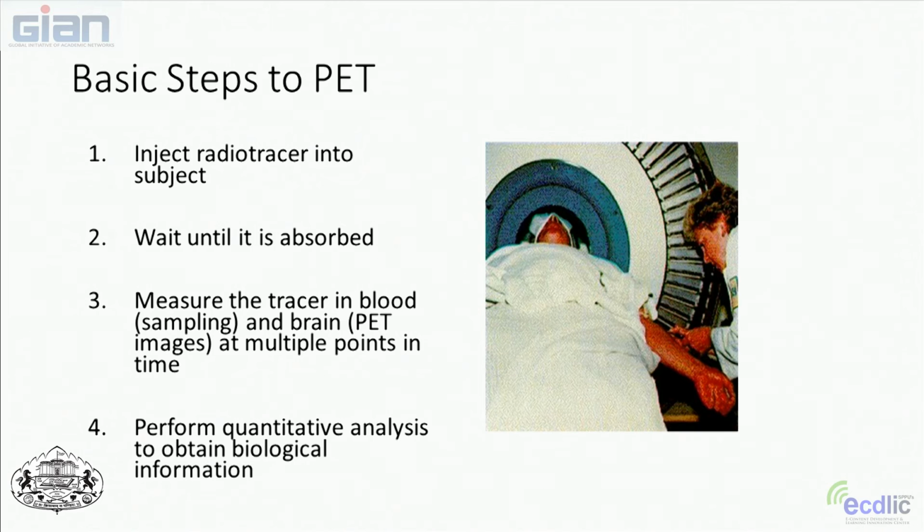Some things like glucose metabolism and studying things like cancer, you may not need to quantify this. You may just be able to look at the image and see where the spots are where a lot of glucose metabolism is taking place. But when you do research studies, a lot of time you want to know specifically how much tracer is being used in relation to how much tracer you're injecting into the blood. So this sort of becomes a biochemistry problem at this point.